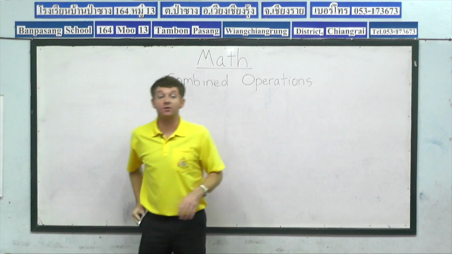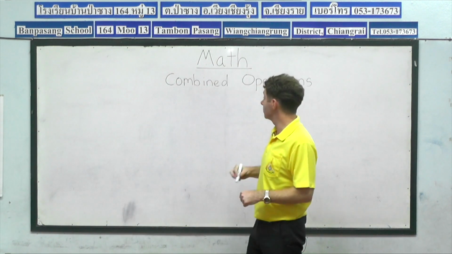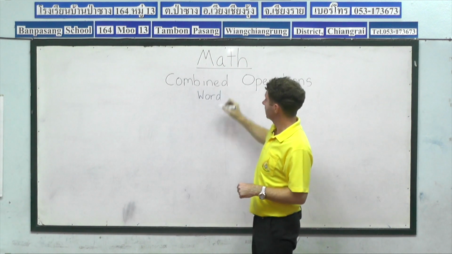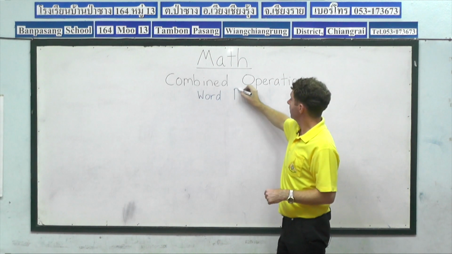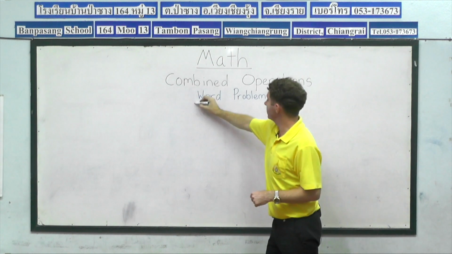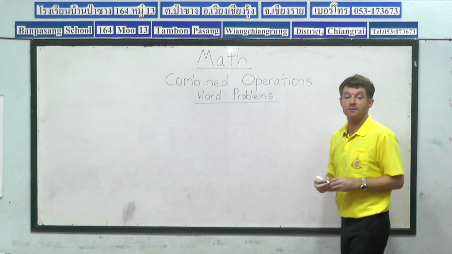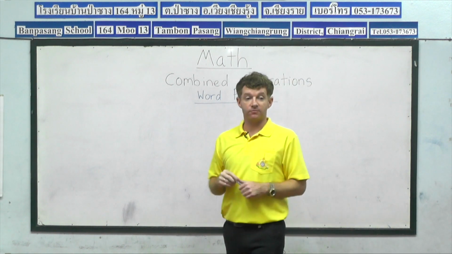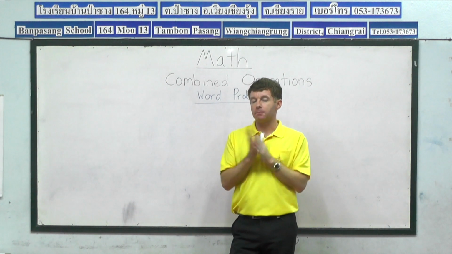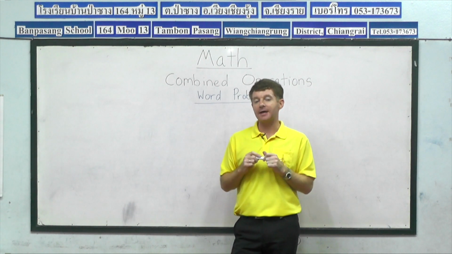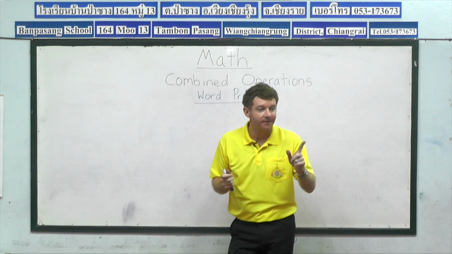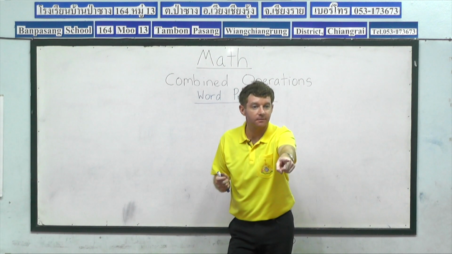So first thing, guys, we'll write the phrase word problems. W-O-R-D. And problems. Excellent. So we've got combined operations, word problems. Okay. So the first thing I need some money. Who can tell me how many baht will I have on me? 500. 100.